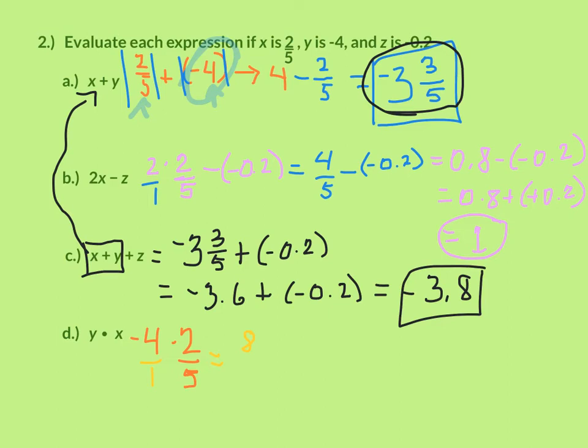And 1 times 5, of course, is 5. And that 5 is too little to hold up that 8. So how many times does 5 go into 8? It goes into it once, with 3 left over. And that, of course, is 3/5. And I can't forget that there was a negative times a positive, which gives us a resulting negative number. And there is our final answer, negative 1 3/5.